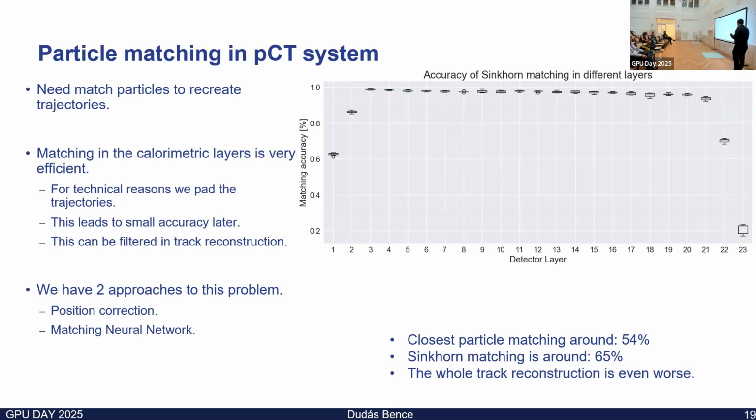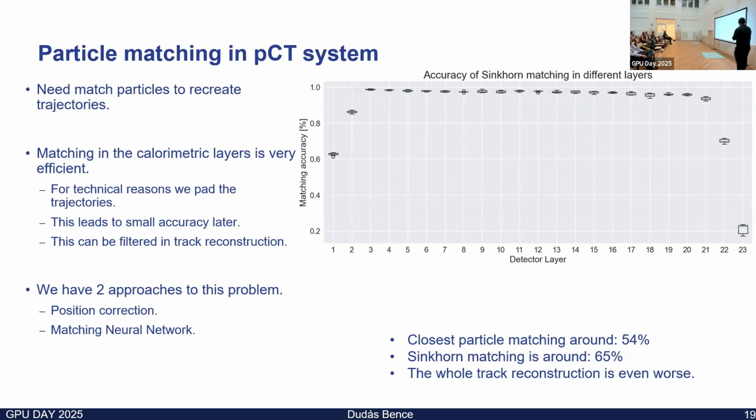Most of them have either too much computational time or too bad results, or usually both at the same time. The best algorithm that we could find was the so-called Sinkhorn matching algorithm. But when we started to evaluate it, we saw that in the first two detector layers its accuracy was very bad and it bottlenecked the whole thing.